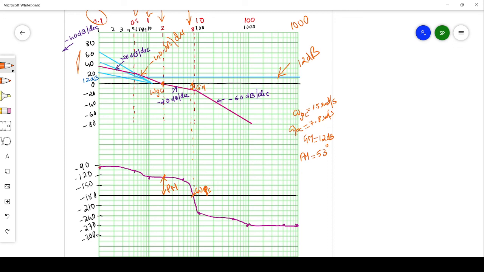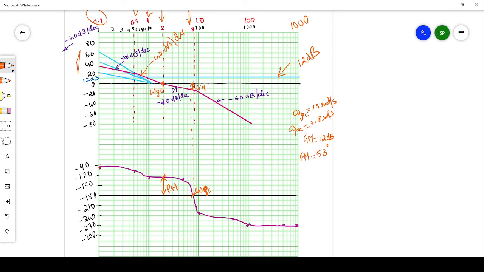Now draw a vertical line up to the magnitude plot from this phase crossover frequency point. Wherever it intersects the magnitude plot, the distance between the reference line, that is the 0 dB line, and this point will give you the gain margin. So this difference is the gain margin.